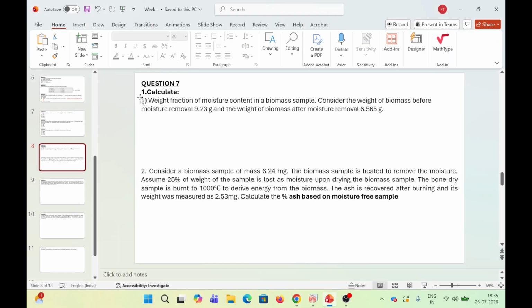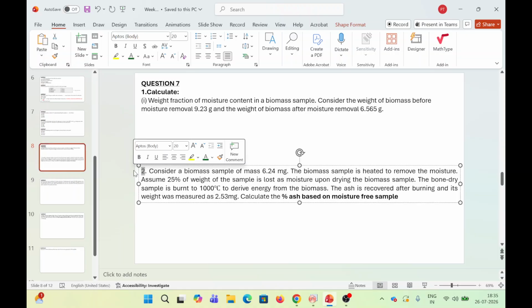So in case you have doubts, please let me know, or progress towards solving these 2 questions. This is question 2. Assume it this way.